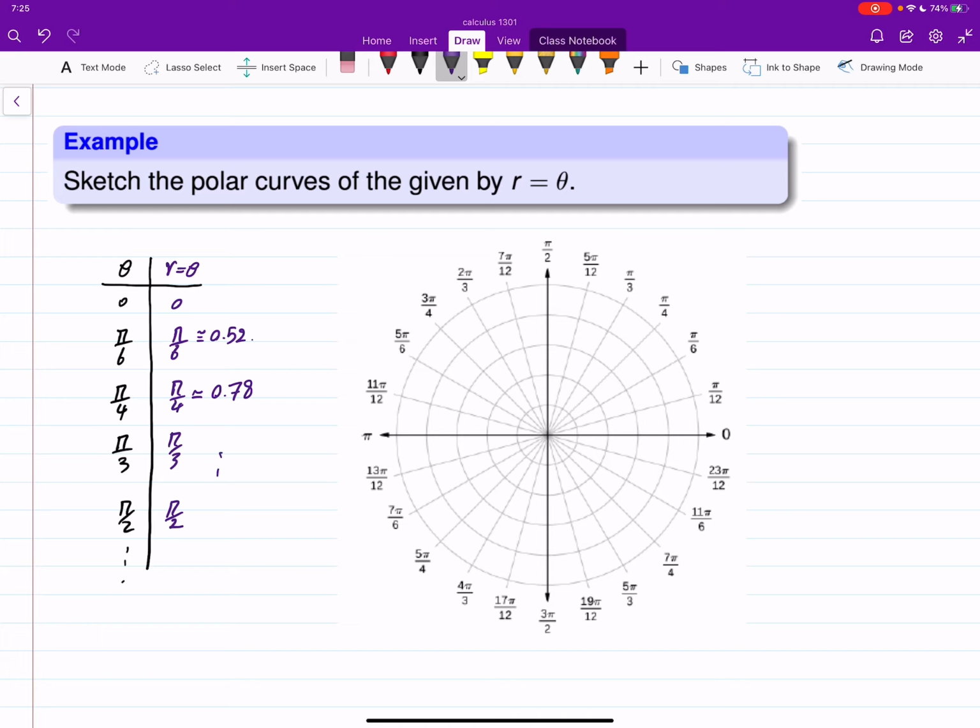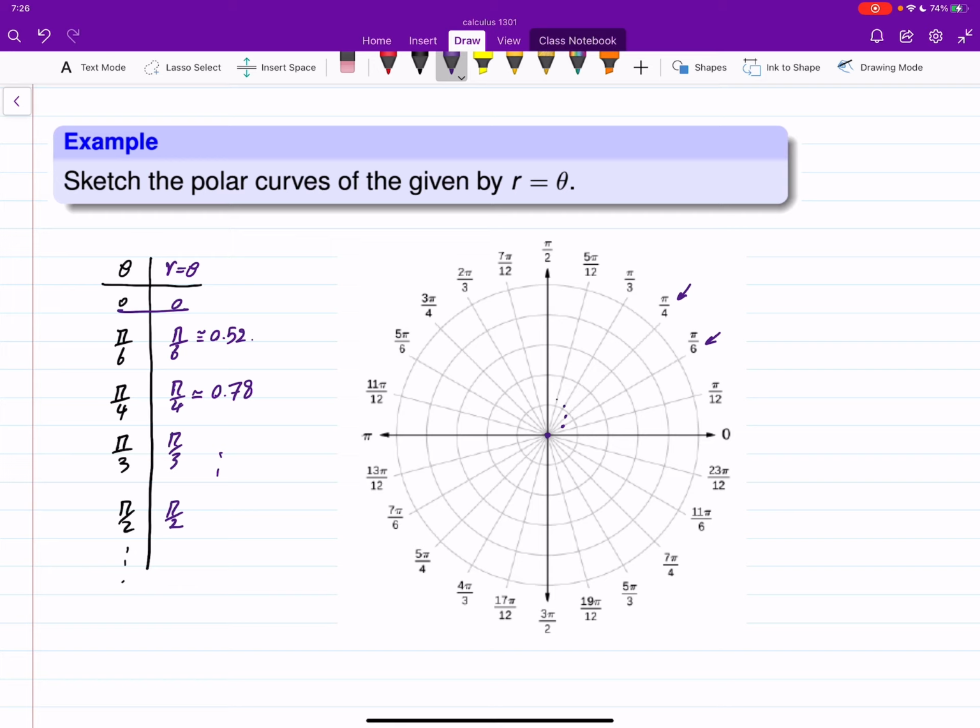When it comes to sketching, for theta equal to 0, r is 0, so it will be the origin. For theta equal to pi over 6, it is about half, so it will be somewhere here. For pi over 4, it is 0.78, somewhere there. Pi over 3 is about 1 point something.